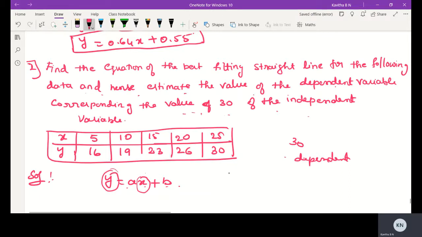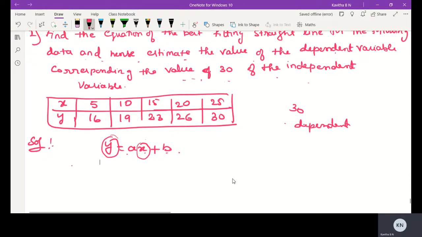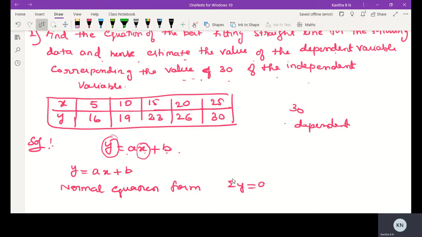Okay, first write the straight line y is equal to ax plus b. Write the normal equation form. Summation of y is equal to a into summation of x plus nb.